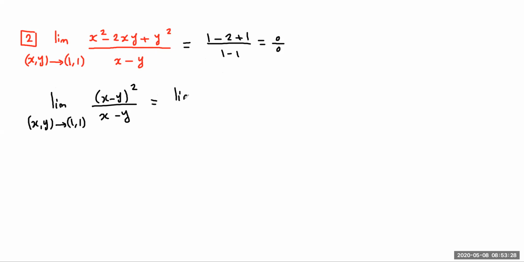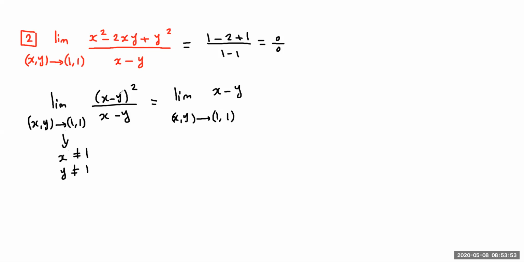So this is the limit. When we write here (x, y) approaches (1, 1), so (x, y) is close to (1, 1) but not equal to (1, 1). So x is not equal to 1, y is not equal to 1, but so close to (1, 1).